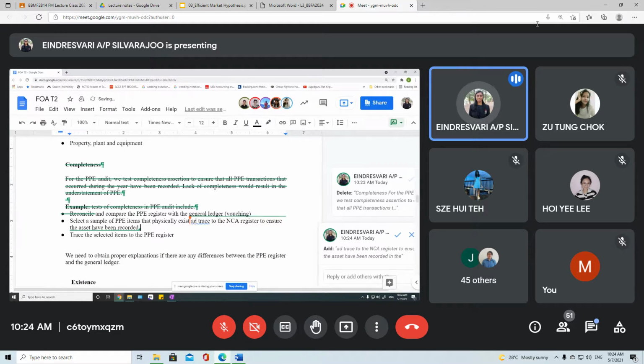Full stop. Because you already used the word non-current register. So non-current asset register is the accounting records. The physical PPE item is the, in this case, the source documents.